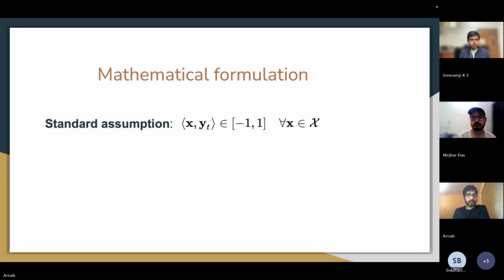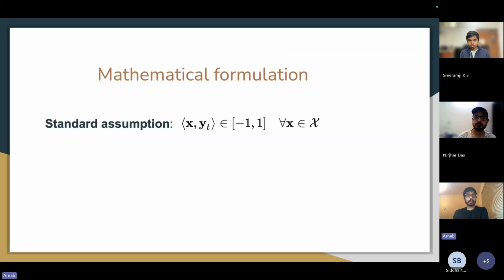And this is the standard assumption in the bandit literature for linear bandits, that the loss of paths is bounded between -1 and 1. So if you take any path, the inner product will be between -1 and 1. It's kind of normalizing it between -1 and 1.